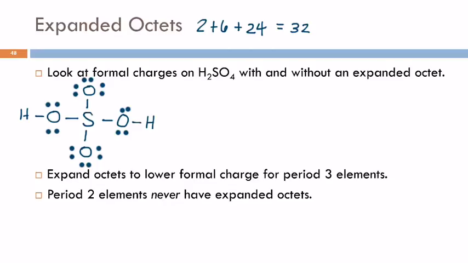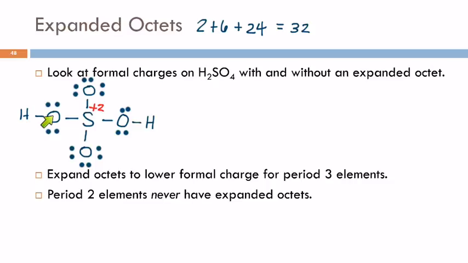What are the formal charges, though? Well, the hydrogens are 0. Let's start in the middle. Sulfur. Sulfur has 6 valence electrons. How many does it get in the breakup? 4. That gives it a formal charge of +2. These oxygens are going to have the same formal charge because they have the same number of bonds and same number of lone pairs.